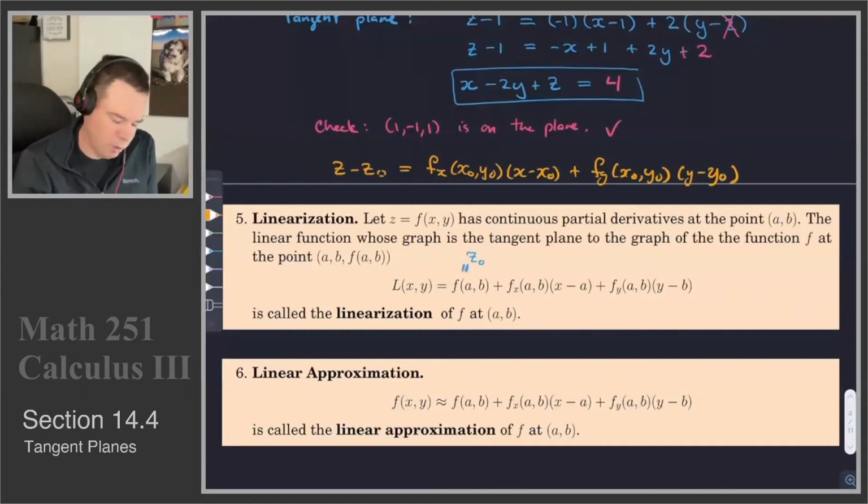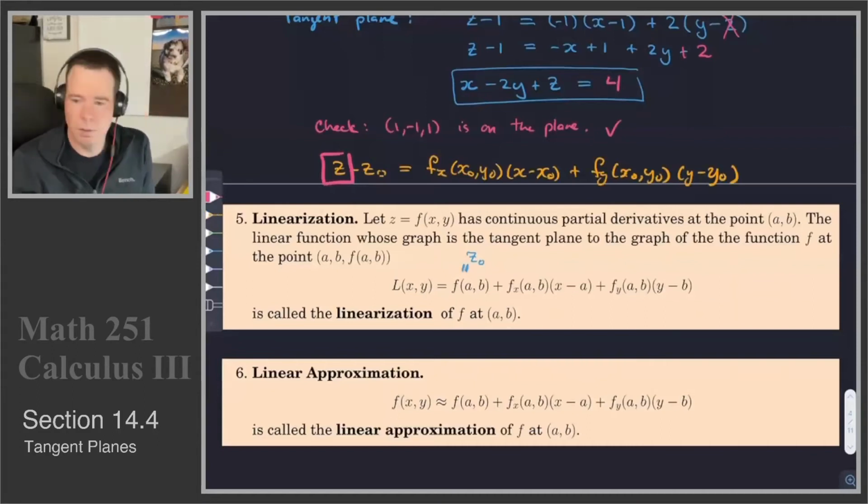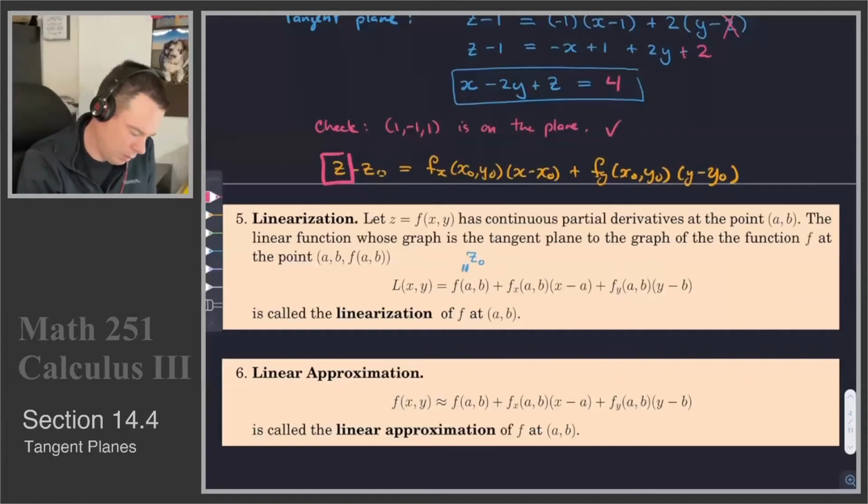And now I want to turn this into a function. So there's my z value. I want to turn this into a function so that when I plug an x value and a y value into it, what comes out is the z value. So this is almost a function, except I've got this minus z naught. So I'll move it to the other side of the equality as a z naught.